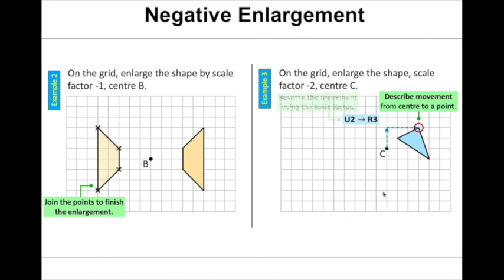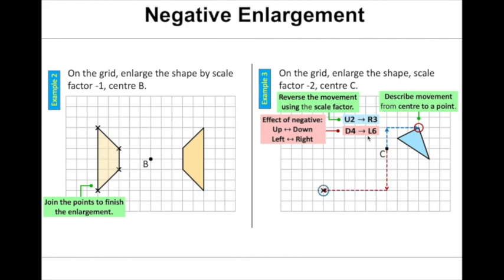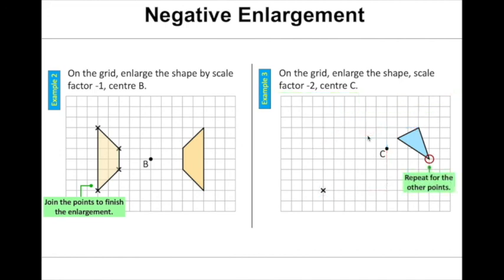So this becomes down by 4, left by 6, because 2 times 2 is 4, and it goes the reverse. Same thing here. 3 times 2 is 6, and it goes the reverse. So that's a new point on the image, and you do the same thing to the other points.